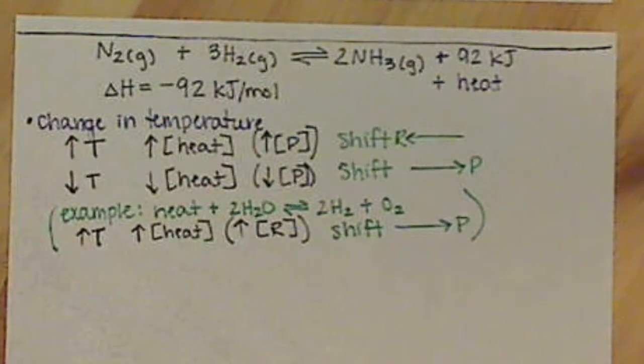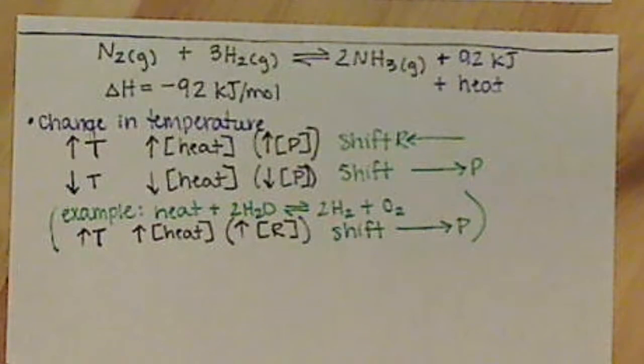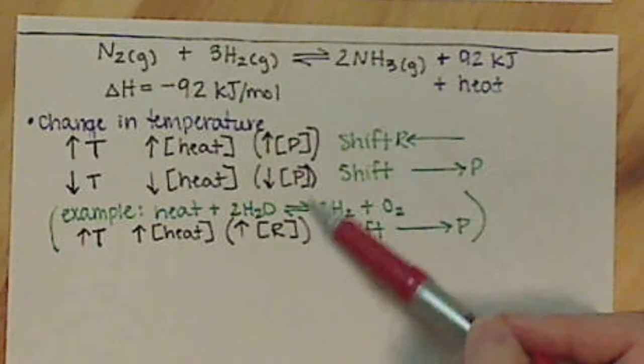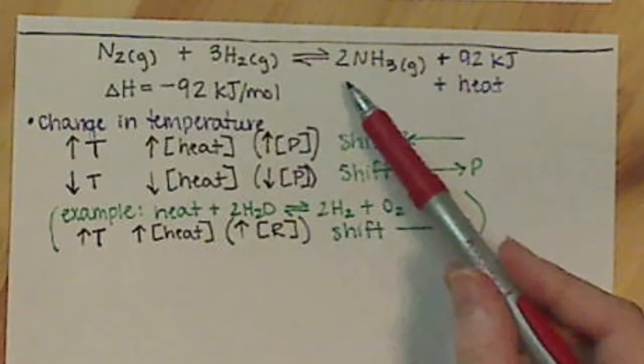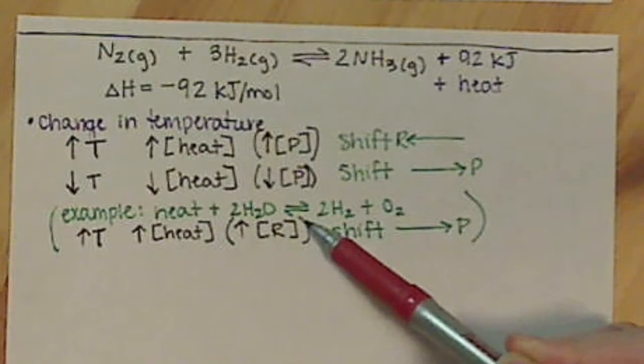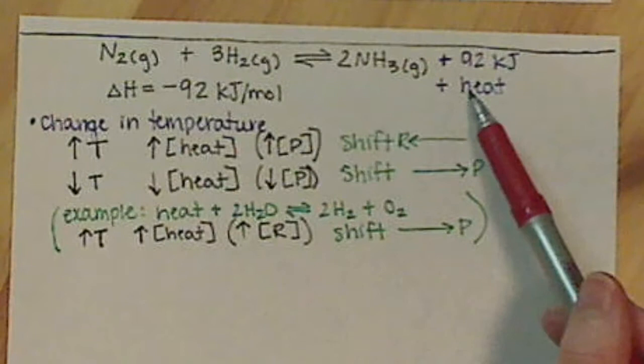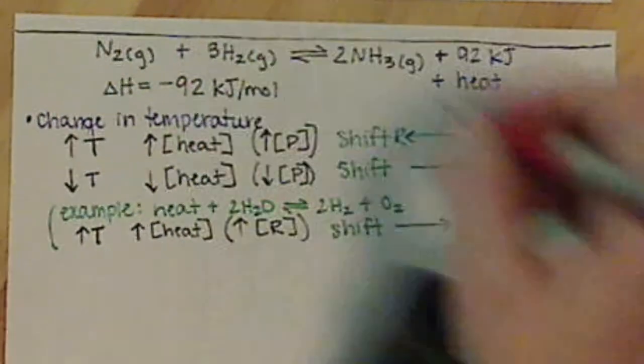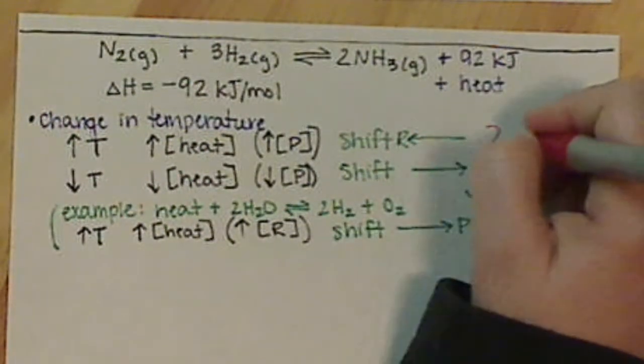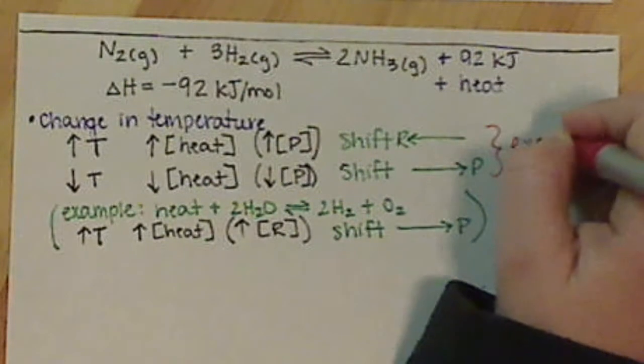So keep in mind, your book doesn't really do a good job of depicting the difference between exothermic and endothermic, but they're going to have opposite effects because that heat is on opposite sides. So this is for an exothermic reaction.